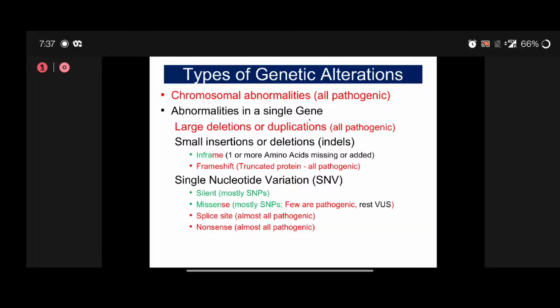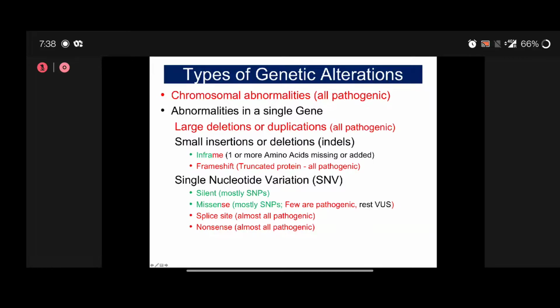Some of the genes have redundant function, or there are many other genes which do the same function, or there are many genes of the 25,000 genes whose function is still not well understood. But if it is an important gene, a large deletion or duplication, that means parts of exons or introns are either deleted or inserted or duplicated, it will almost always disrupt the function of the protein that is coded by the gene, and it will be pathogenic.